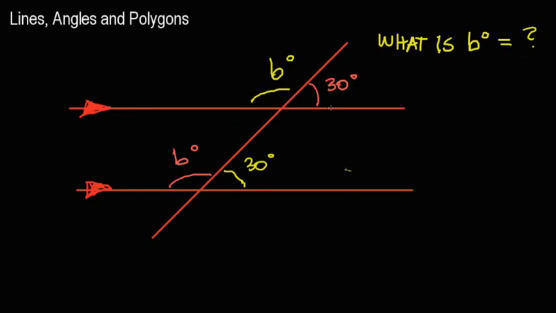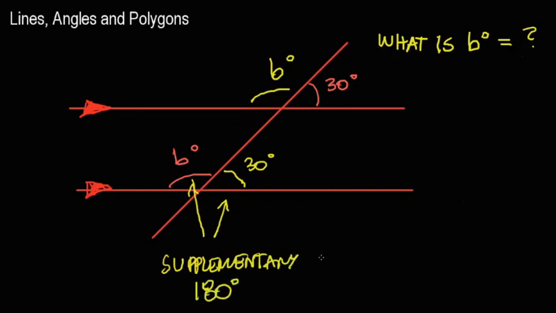Now this line here is cutting our parallel lines, and this was a straight line, so there should be something that we know about beta and 30. Those two angles will have to be complementary. Oh, sorry, supplementary, right? 180. So they add up to 180 degrees.